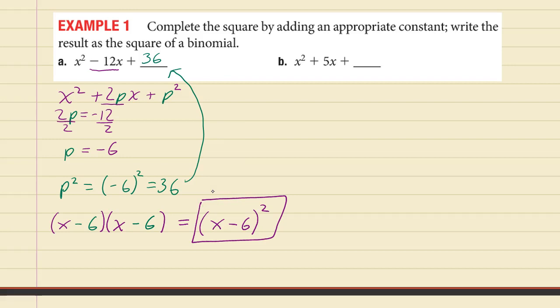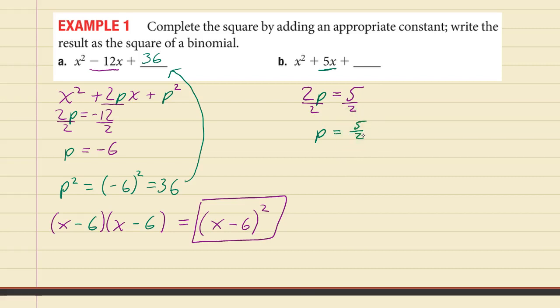Let's do it with this one too. Here our 2p is the 5x here. So we're going to say 2p equals 5. And then if you divide both sides by 2, you'll just get p is 5 over 2.